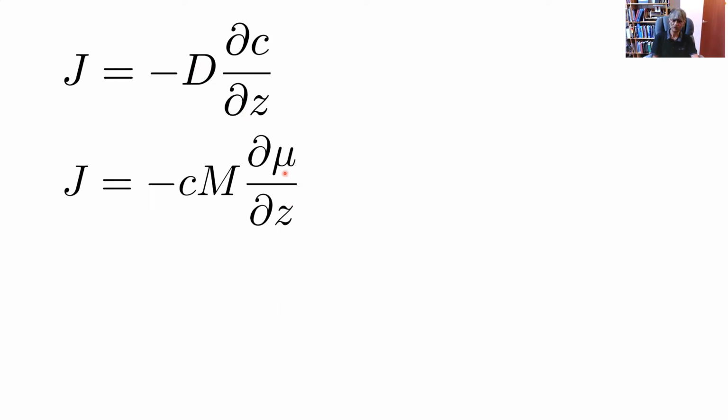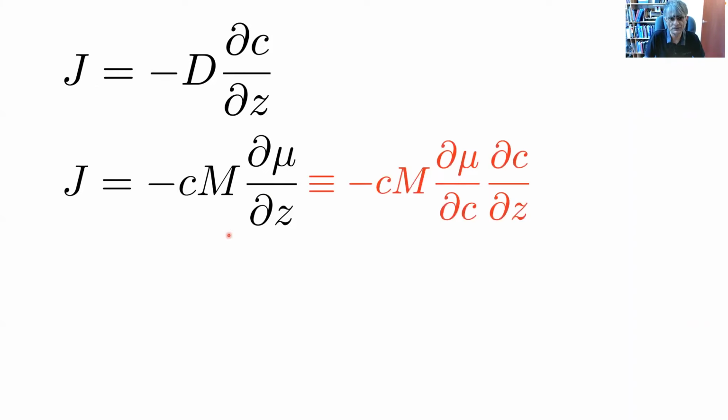So if I now compare these two equations, here the flux is written in terms of a free energy gradient, here the flux is written in terms of a concentration gradient. But before I do that comparison, I need to expand this term into a component due to how the potential varies with concentration, and this is our concentration gradient.